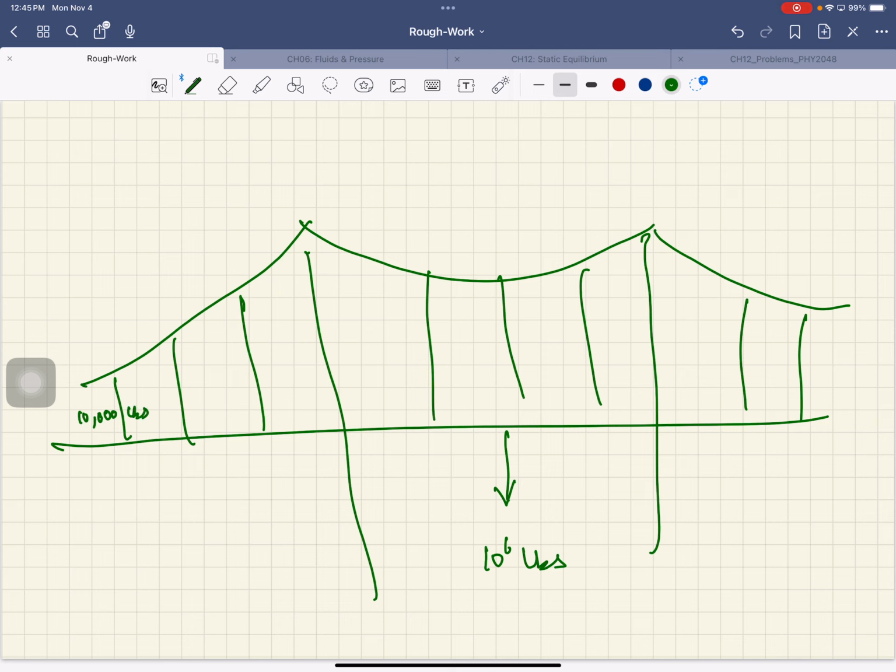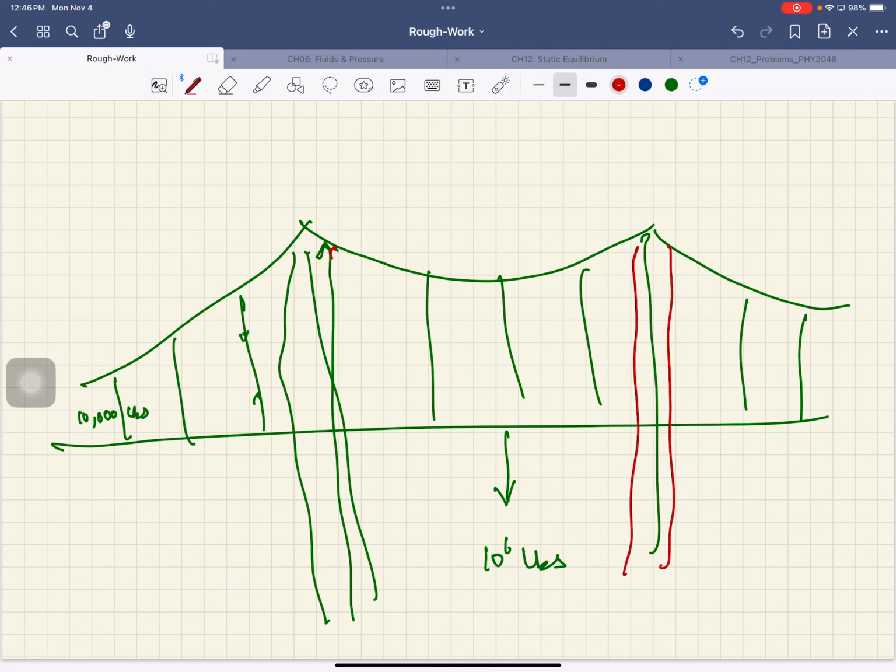Each cable is under a tension of 10,000 pounds, meaning the cable is pulling down like that, and it's holding this bridge up with 10,000 pounds. So all these cables are only doing 10,000 pounds worth of job. Now let's see what these do. Each of these cables is pulling down with 10,000 pounds.